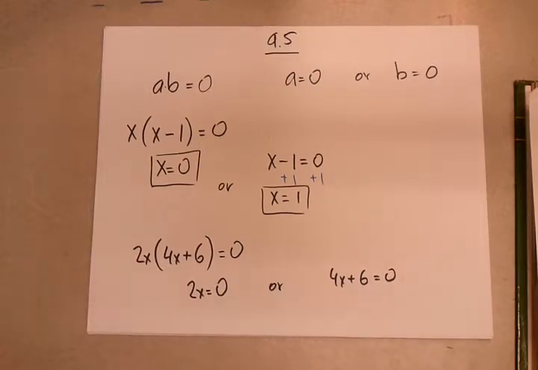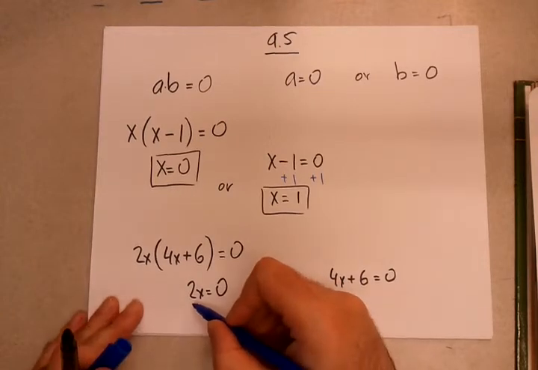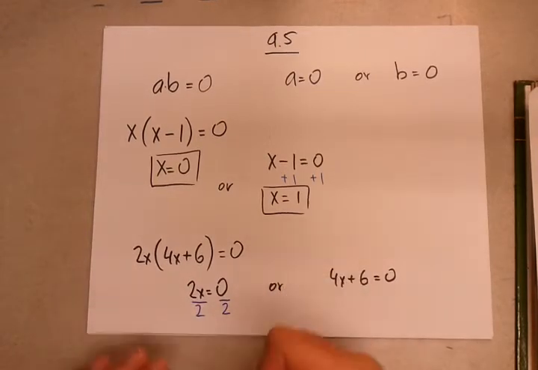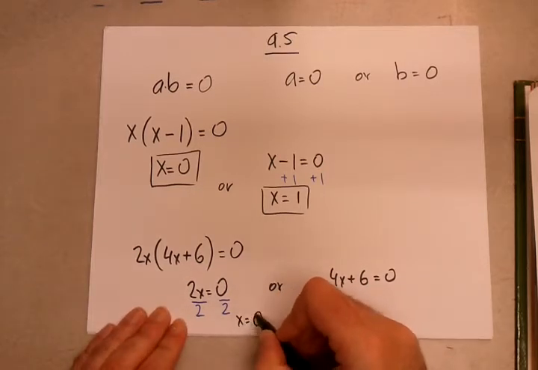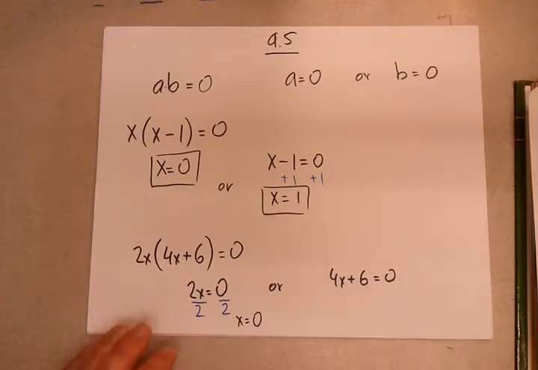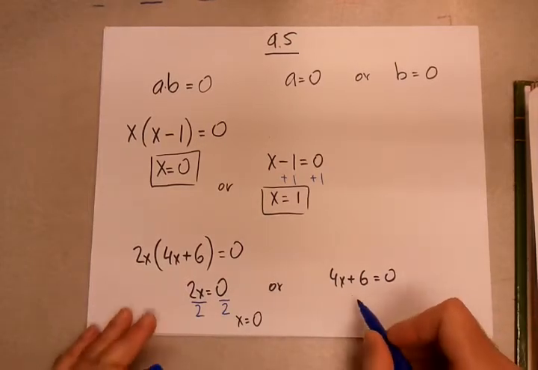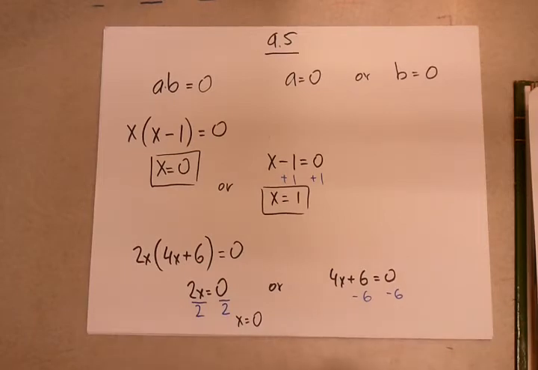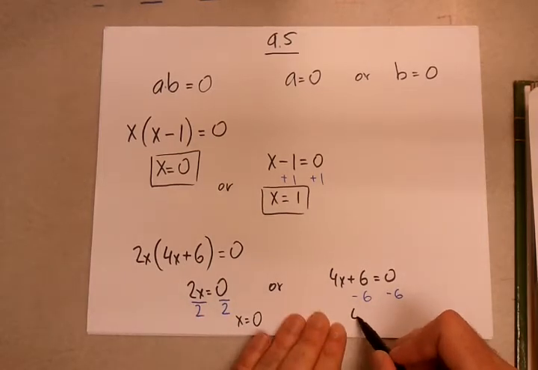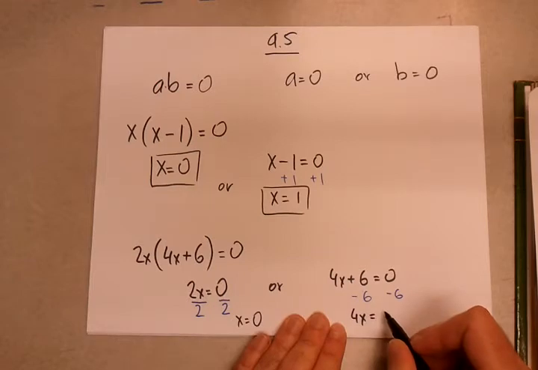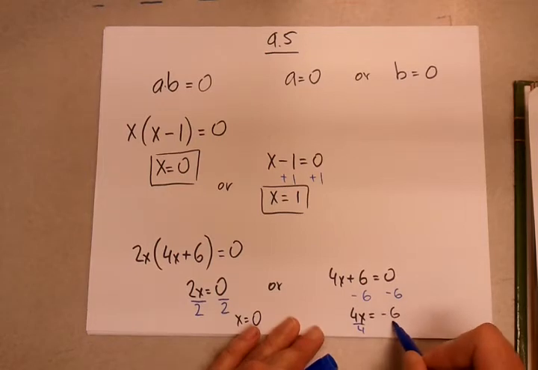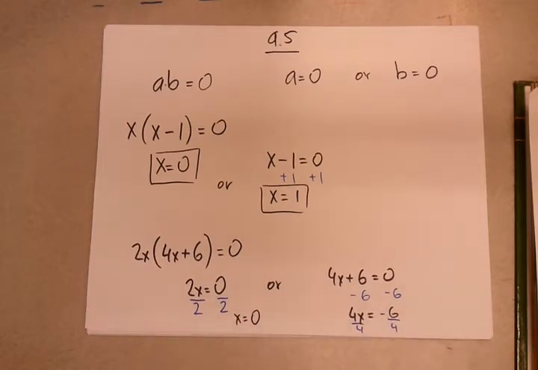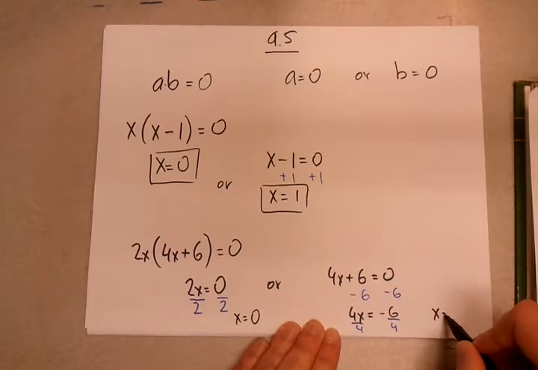Well, now all you have to do is solve for the x over here. All you have to do is divide by 2, and 0 divided by anything is still 0. So over here x equals 0, and over here I'm first going to subtract 6 from both sides, which gives me 4x equals negative 6, and then I'm going to divide everything by 4, which gives me x equals negative 3 over 2.